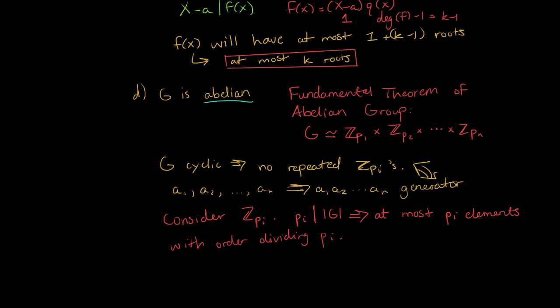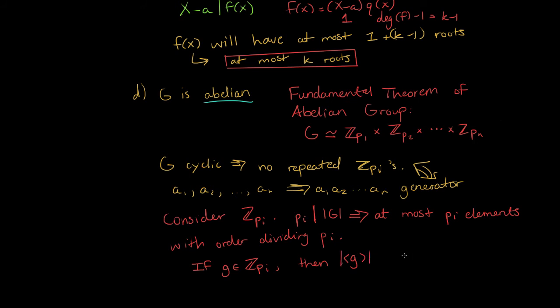Now, because we have this condition, let's go through Z_{p_i} and show that every element of Z_{p_i} has order dividing p_i. Of course, p is a prime, so we could use the fact that Z_{p_i} is a cyclic group in and of itself. But another way to see this is to say, if g is an element of Z_{p_i}, then it's going to have some subgroup generated by g, and this is going to have some order.